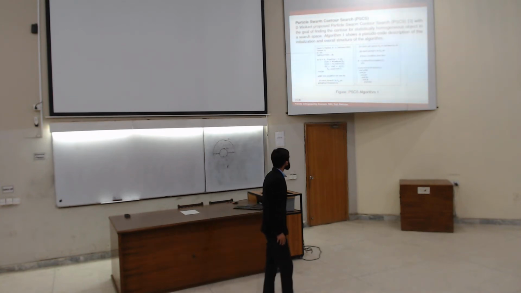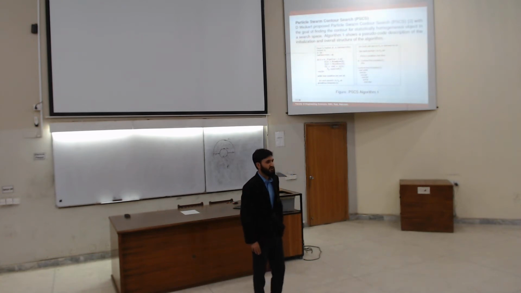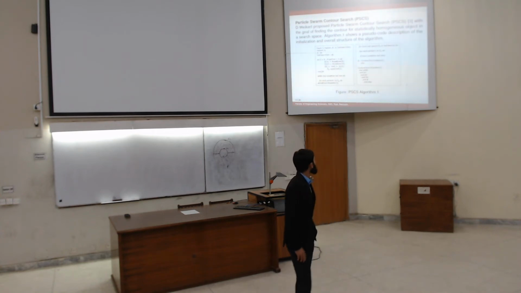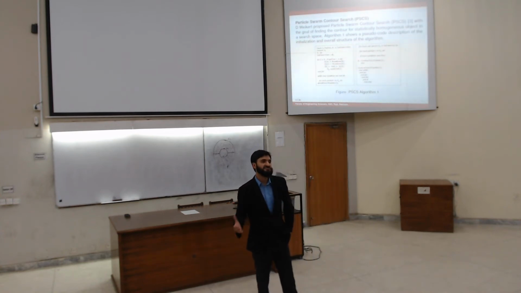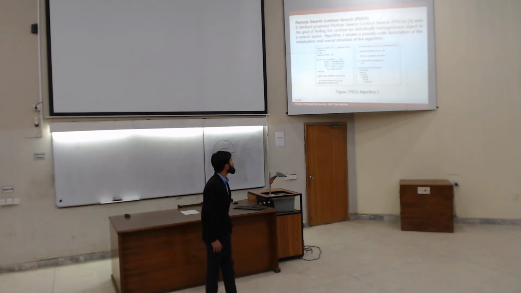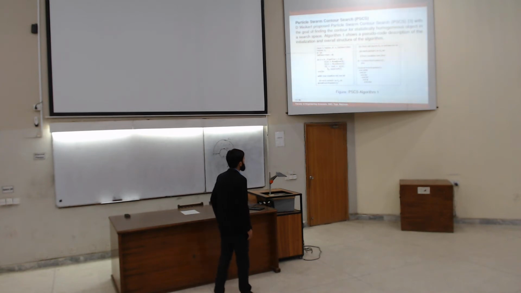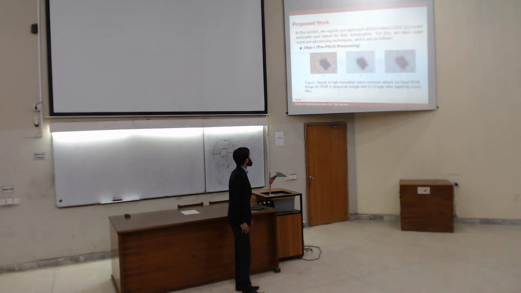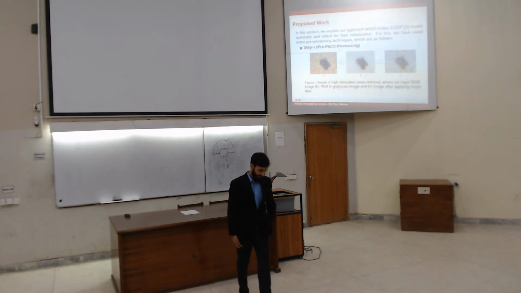But this algorithm is only for statistically homogeneous objects. We modify this algorithm for images having grayscale color. Algorithm 1 shows a pseudo code description of the initialization and overall structure of the algorithm. These are the examples of the PSCS model, and now this is our proposed work.